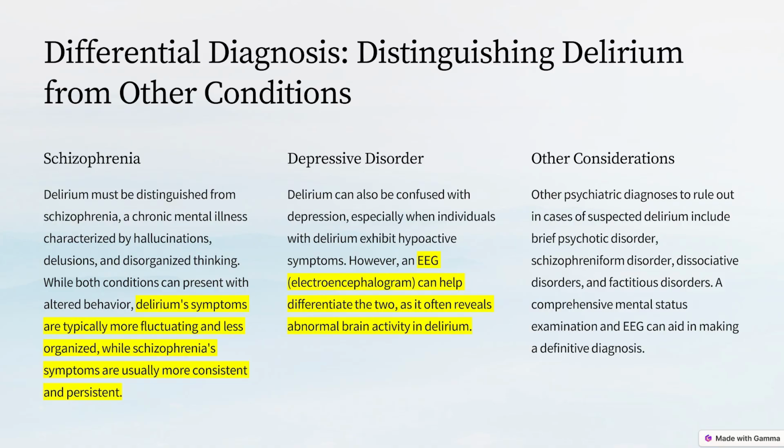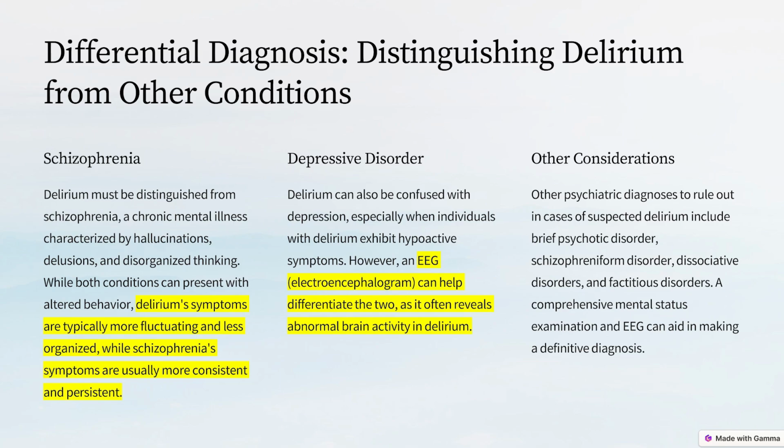Delirium symptoms are typically more fluctuating and less organized compared to the symptoms of schizophrenia, because in schizophrenia, all the psychotic symptoms such as hallucinations and delusions are very much organized and you can easily witness them. But in delirium it is not like that, it is a very fluctuating course. It might be present now, but after 2 hours or 3 hours it might be absent. So, this is how you can differentiate it from schizophrenia.